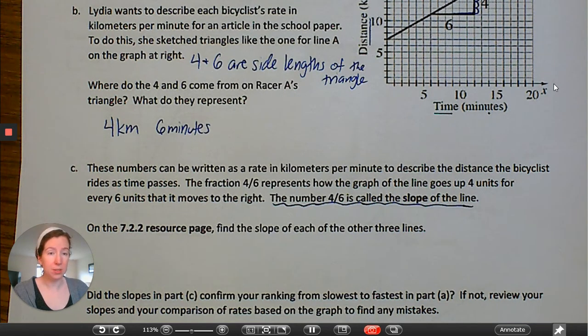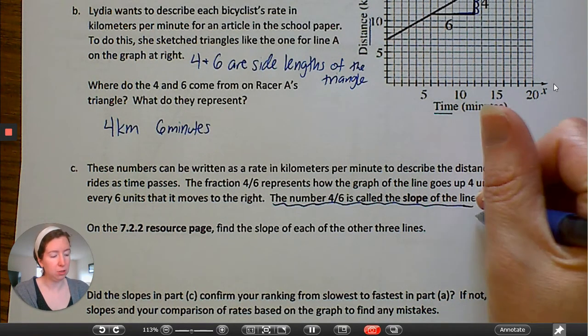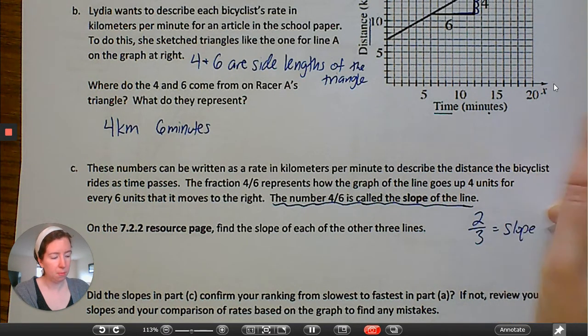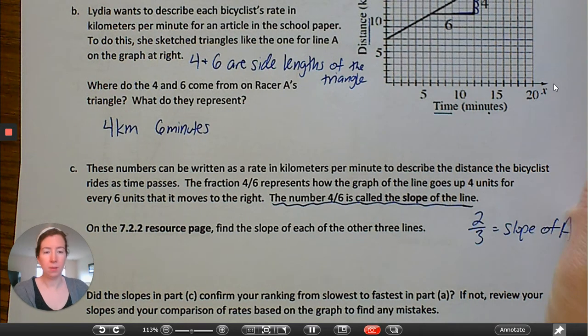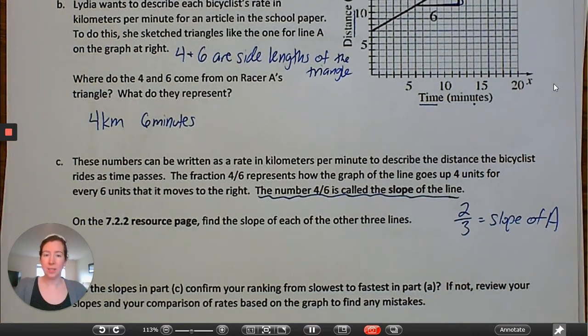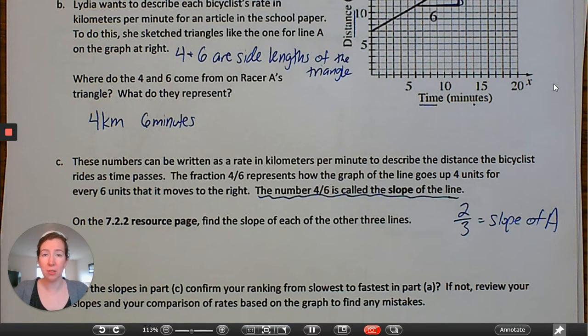I would even go one step further and simplify that because all fractions should be simplified if possible. 4/6 is the same as 2/3. So 2/3 is the slope of A. So what we did is we looked at the triangle that was already there, which is called a slope triangle.